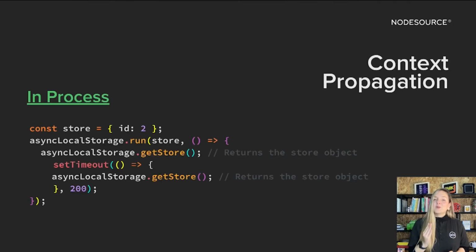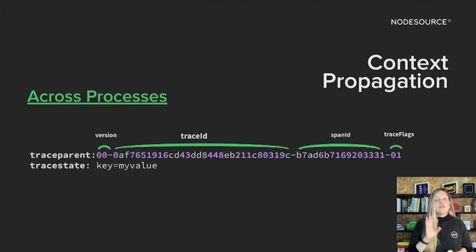For in-process propagation, we will typically use something like the AsyncLocalStorage class from the async_hooks module. For across processes, it depends on the IPC protocol used. As an example, for HTTP there's the Trace Context specification from the W3C, which defines the traceparent and tracestate headers to propagate tracing info.